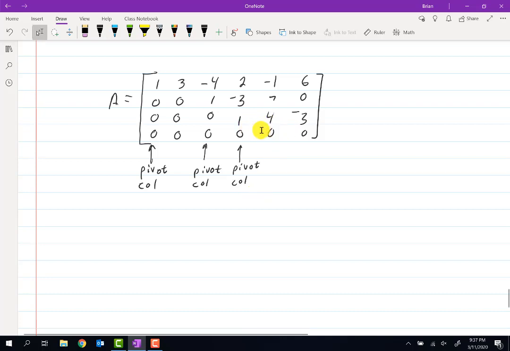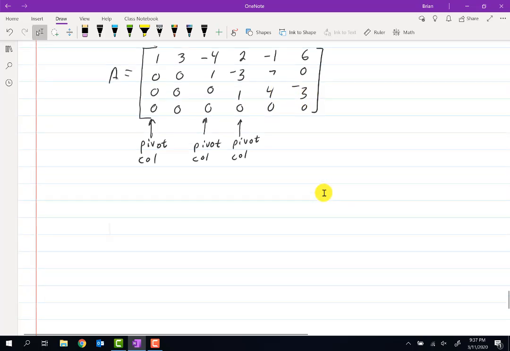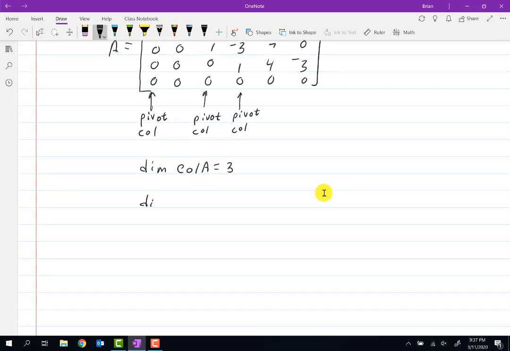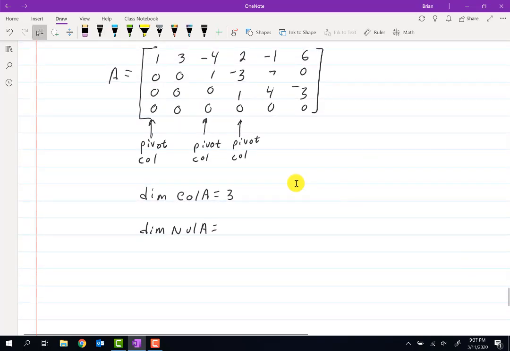And then I do not have any more pivot columns. So dim col A equals 3, and dim null A would normally be, well, the column A, by the way, is limited to 4 as the biggest it could have been anyways. But now that we know it, we take the number of columns, which is a total of 6, minus the dim col A, and that equals 3.